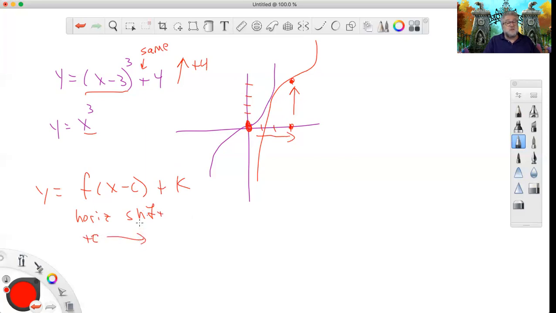Horizontal tells me it's on the x-axis, so I don't have to say that. And this one would give me a plus k vertical shift. Okay, if it was minus k, if it was minus 6, then that point would be 6 units down here. Okay?